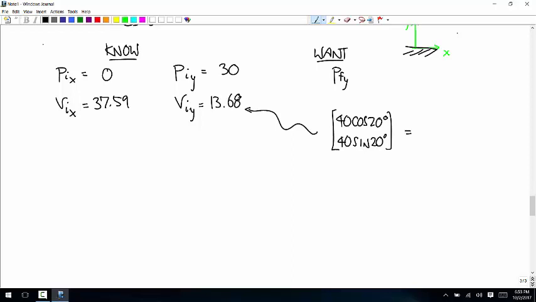Do we know anything about the final velocity? Yeah, we know the y component is 0. And then it's free fall, so acceleration is 0 for x and negative 9.81 for y. Is there an equation we can use? I think so.